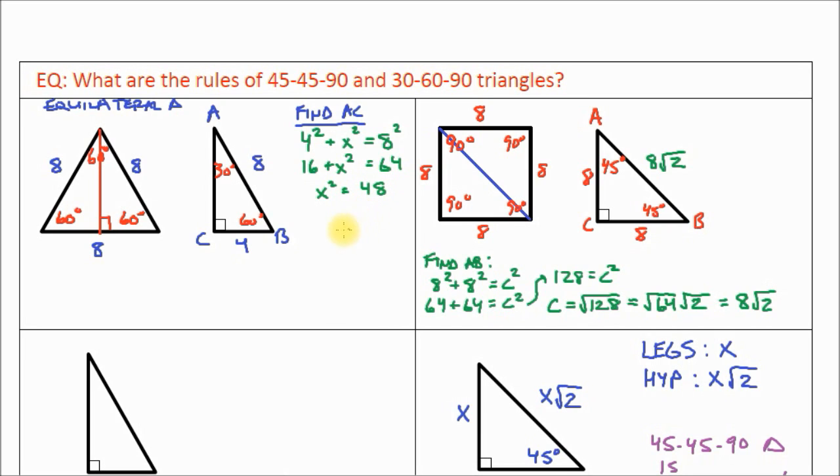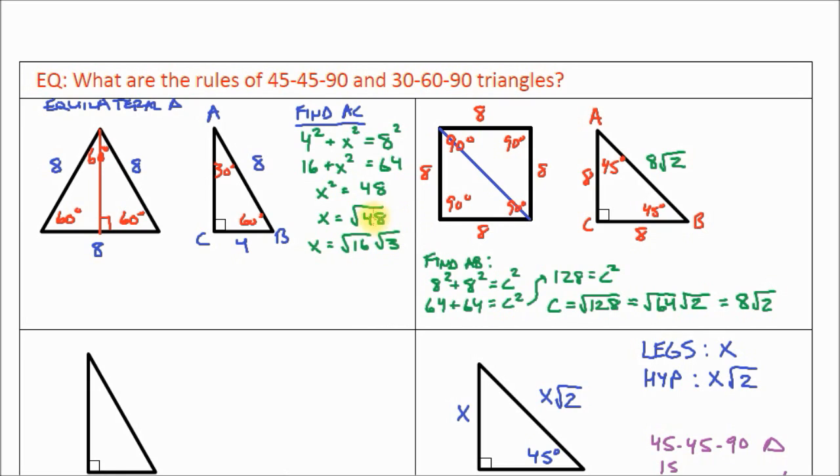And now we know we're going to square root both sides, and we end up with X equals the square root of 48. Now I'm not going to put this in my calculator because I want to simplify this just like we did in the previous example for our 45-45-90. In the rules of simplification, we can factor this number and try to find a number factor that is a perfect square, and we can find that because 48 is just the square root of 16 and the square root of 3.